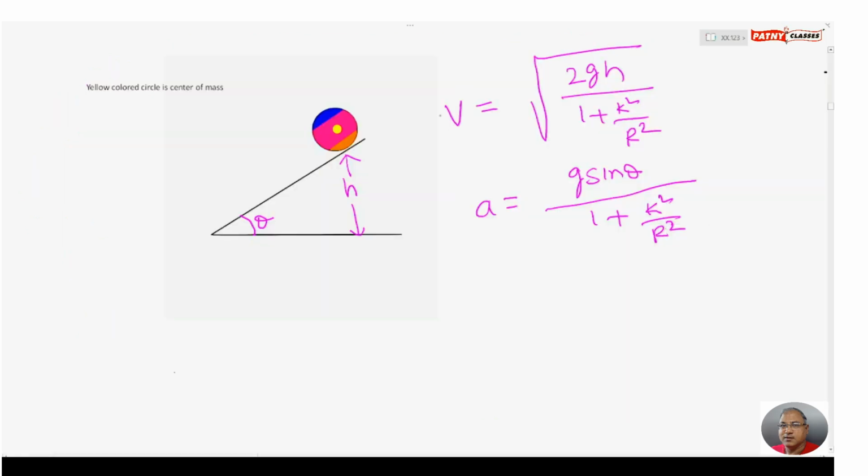We observe that the linear speed of the center of mass depends upon height, depends upon the gravitational acceleration, and depends upon the size of the spherical body, and linear acceleration depends upon the angle of inclination. If the angle of inclination changes, then the acceleration of the rolling body also changes. So these are a few observations for a rolling body on an inclined plane.